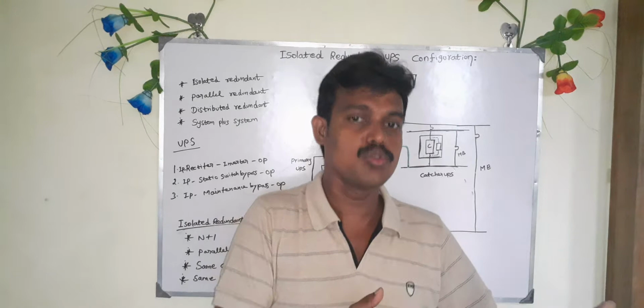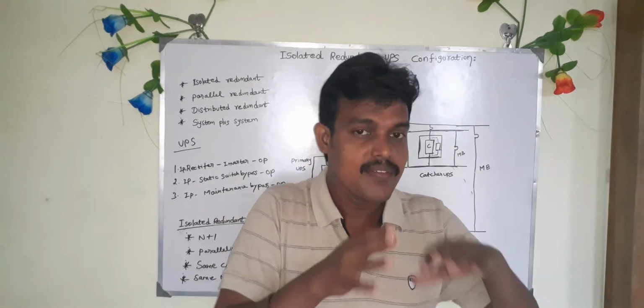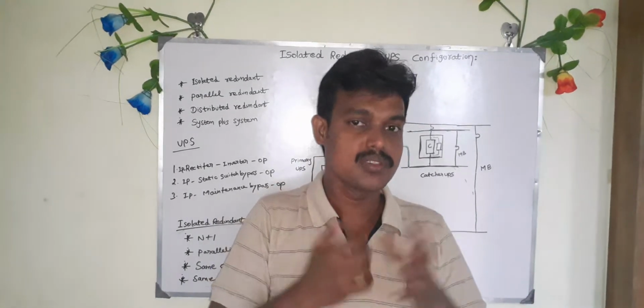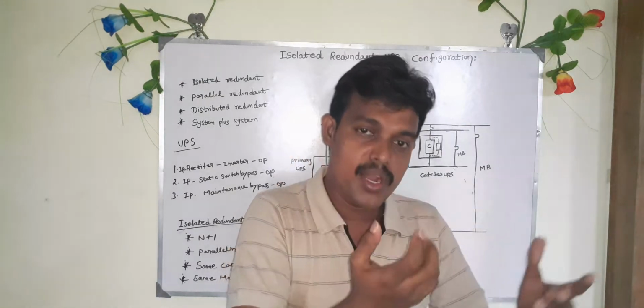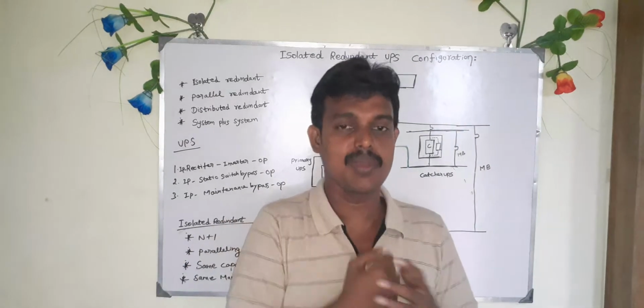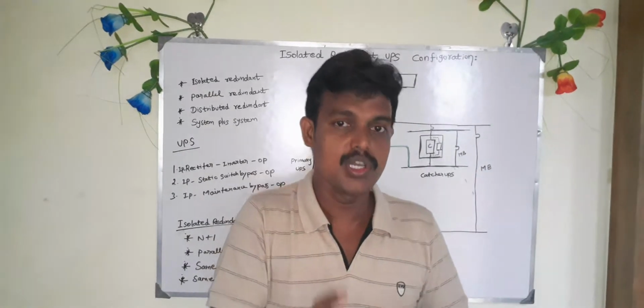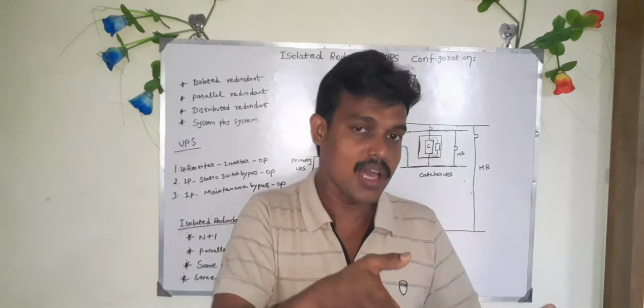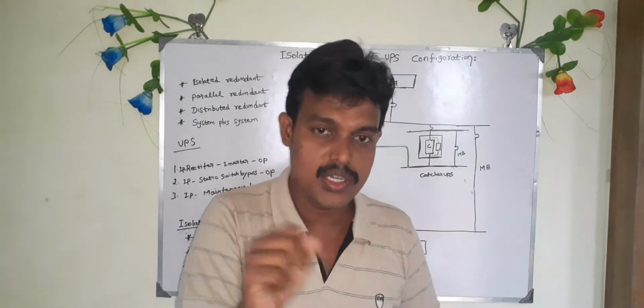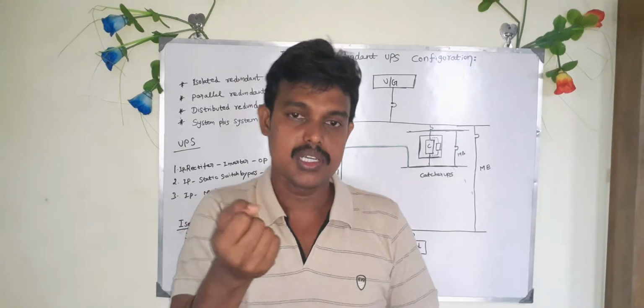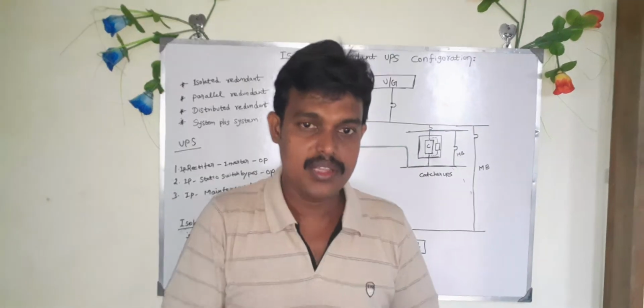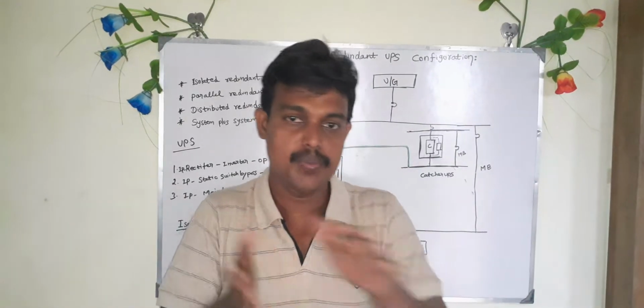This is the normal scenario. But if even the static bypass fails, you have to go manually and switch on the maintenance bypass switch to transfer your load, and there will be a disturbance of the power supply to your load.